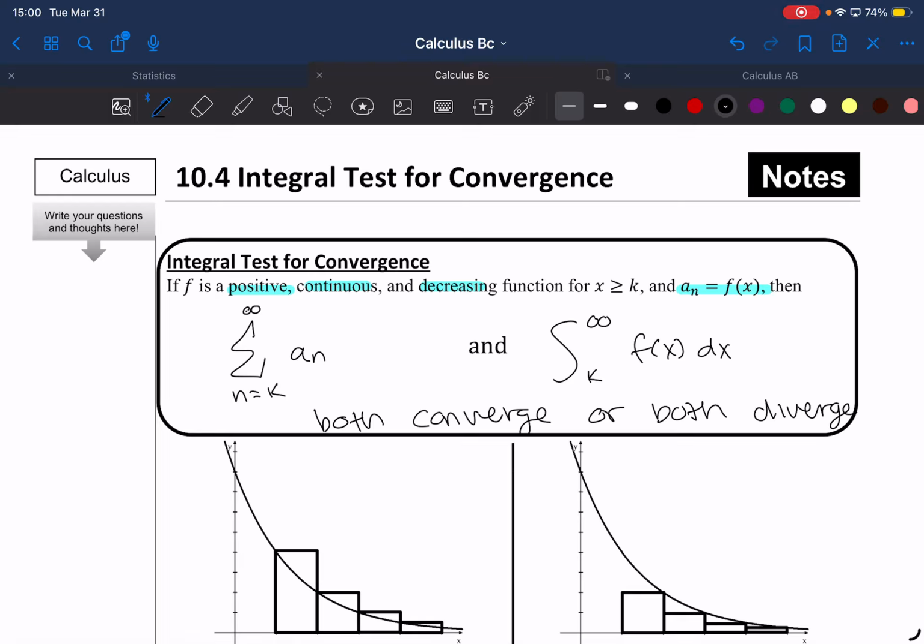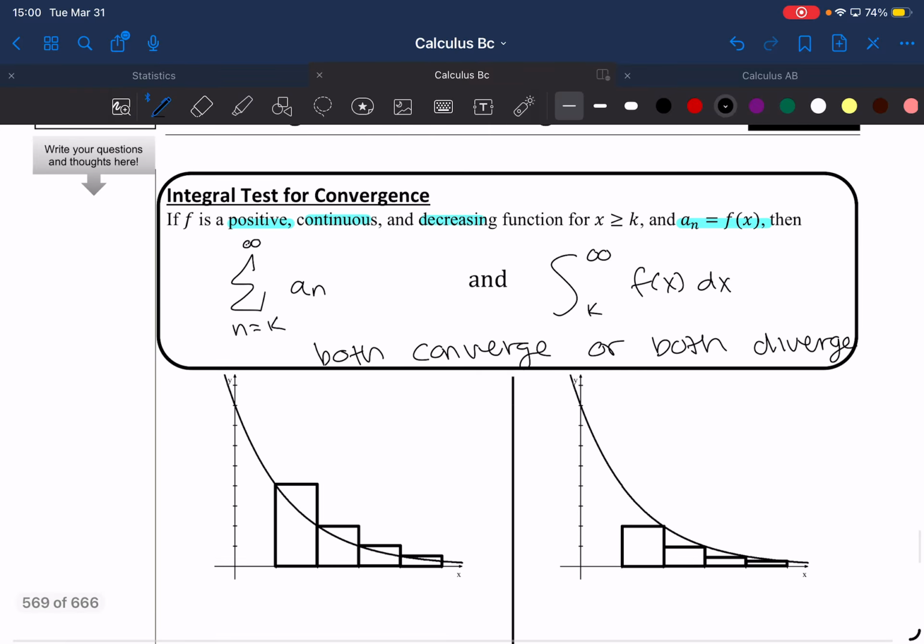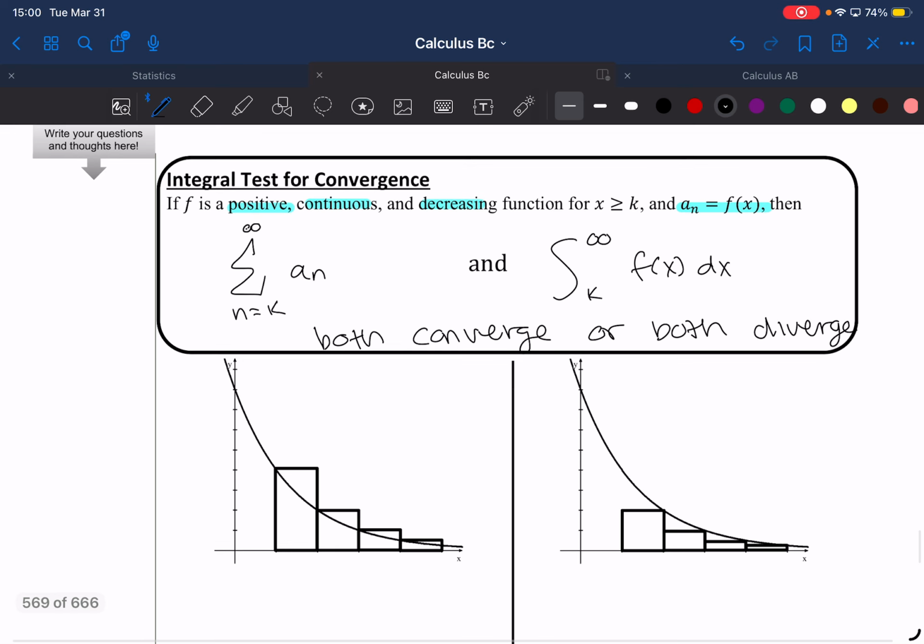Make sure it's continuous and make sure it's decreasing. If any of those conditions are not met, you cannot use this test. Okay, so you'd have to go and use a different method. Another important thing is in this case, when we're talking about a sub n, that is the same as f of x.